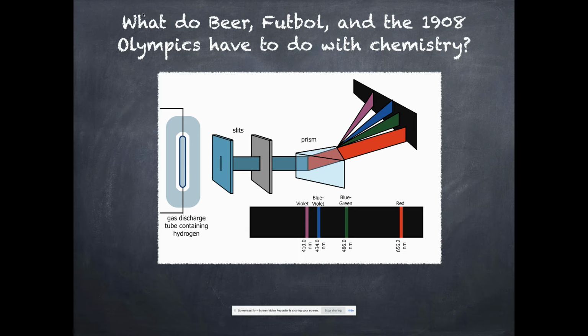But in this case, we're doing it with a gas discharge tube, and it just contains hydrogen. If we used a different element, we would actually get different sets of lines. But this is a very well-known spectrum. It dates back to the mid-1800s, and we need to start getting in gear for explaining why this happens. Why is it different than a continuous spectrum?